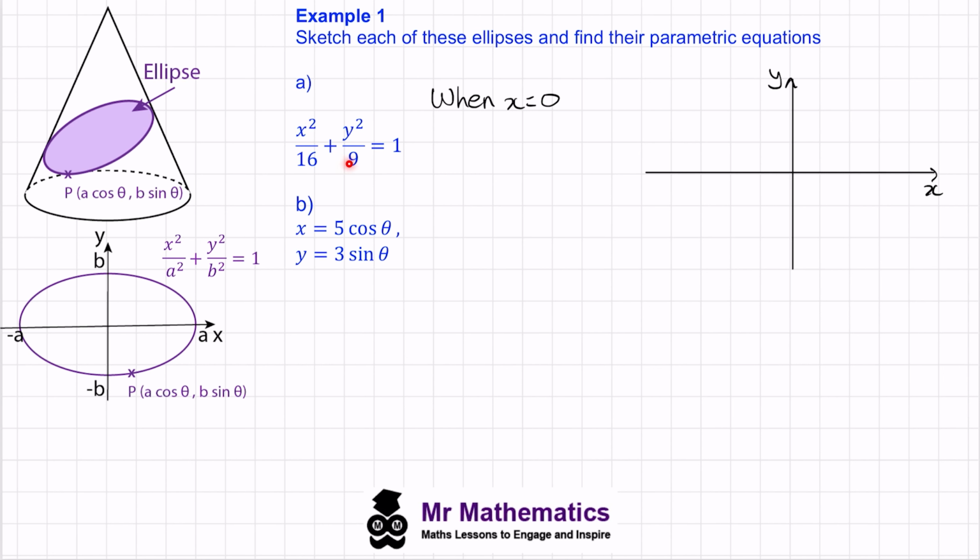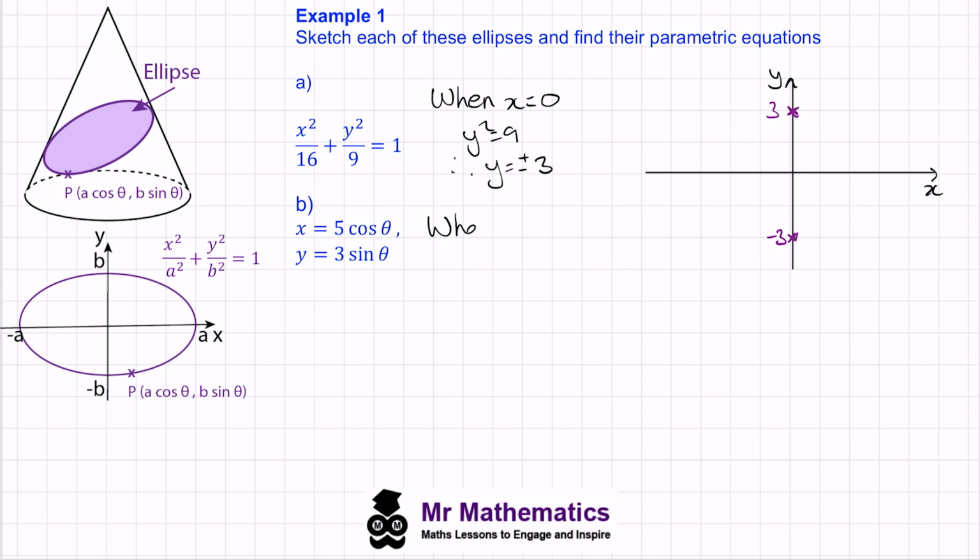We can move the 9 to the right hand side, so y squared will equal 9. So therefore, y will equal plus or minus 3, which we can plot here as positive 3 and here as negative 3.